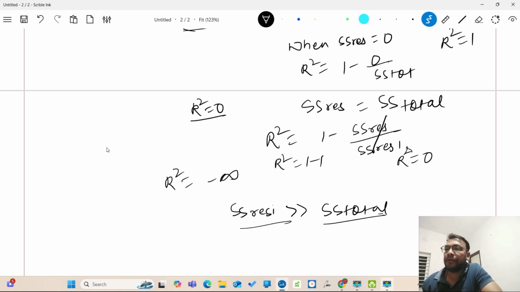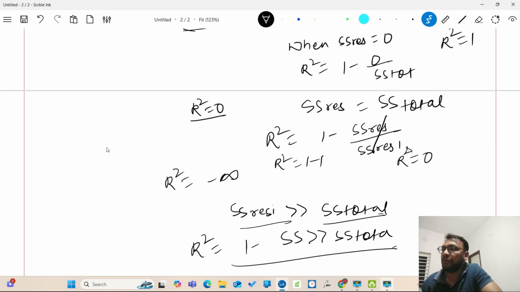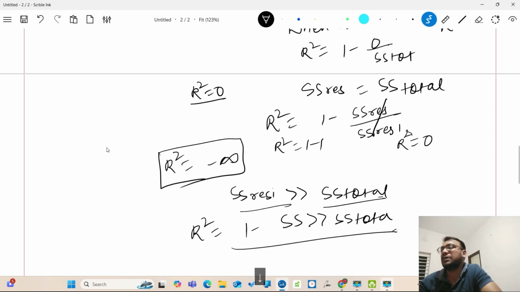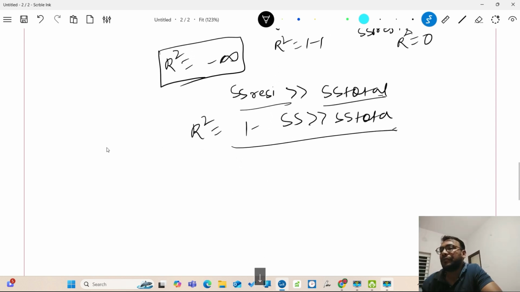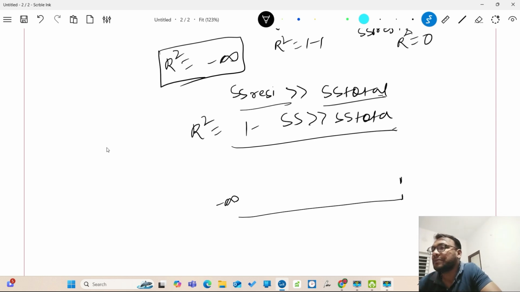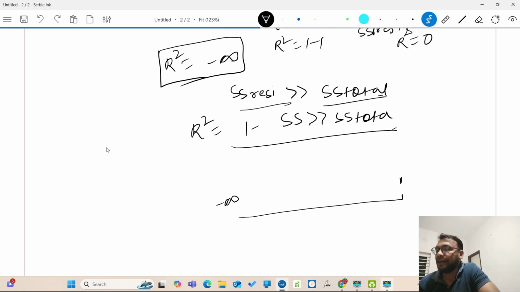R square is 1 minus a sum of residuals that is very much higher than SS total, and that value gives r square of minus infinity. That is the simple concept of r square. If I plot this, r square values fall between minus infinity and 1. That is the complete story of r square.